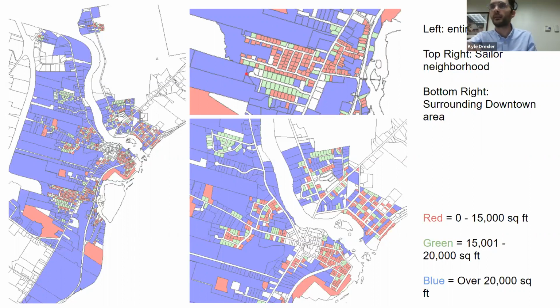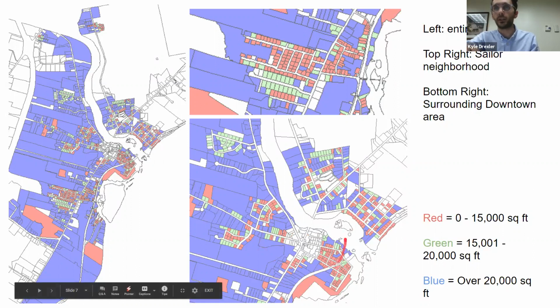But in both cases, you have a scenario where you could not recreate this today if someone were coming in and looking at developing a new subdivision in town. And then, down here, this bottom right picture is the MDR area surrounding the downtown Village commercial area.